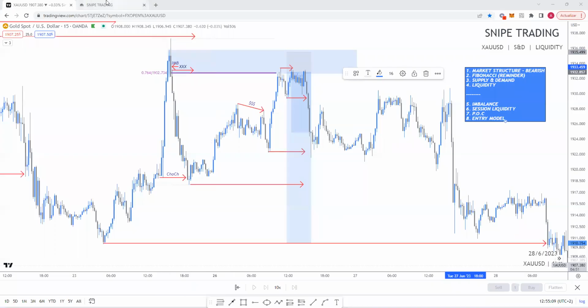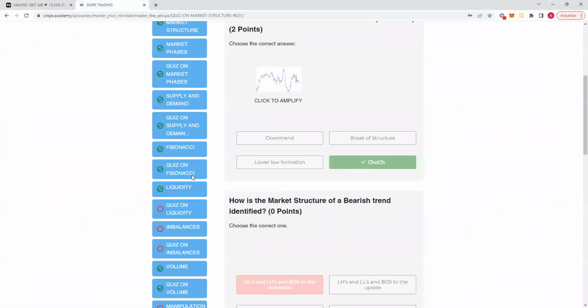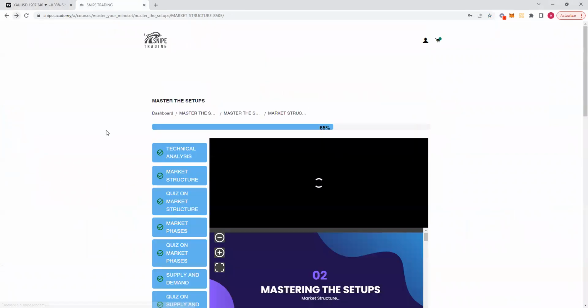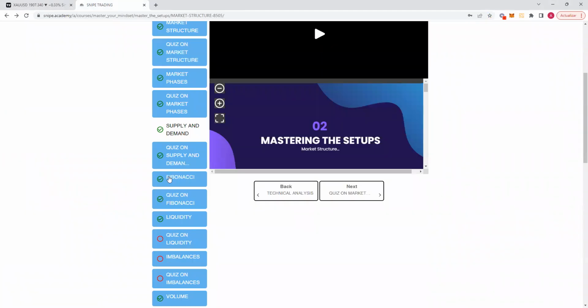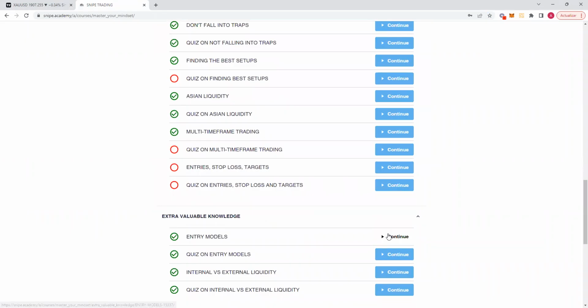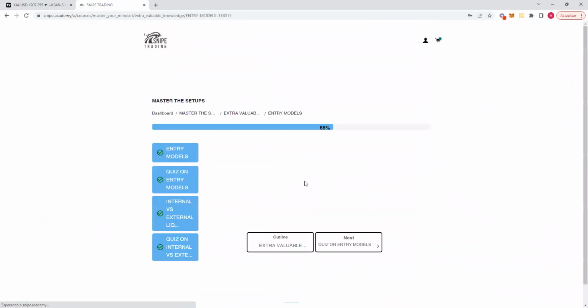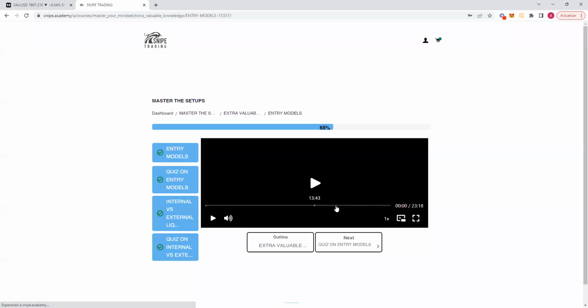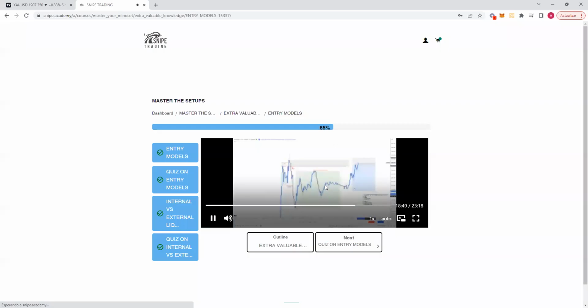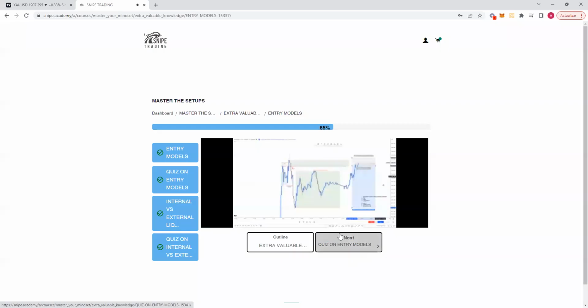The entry models are also explained in Elite. And you also have them on Instagram. You also have them on the Vault, but on Elite, you also have it very well explained with a 23-minute video, again covering them and looking at real life examples on the charts.